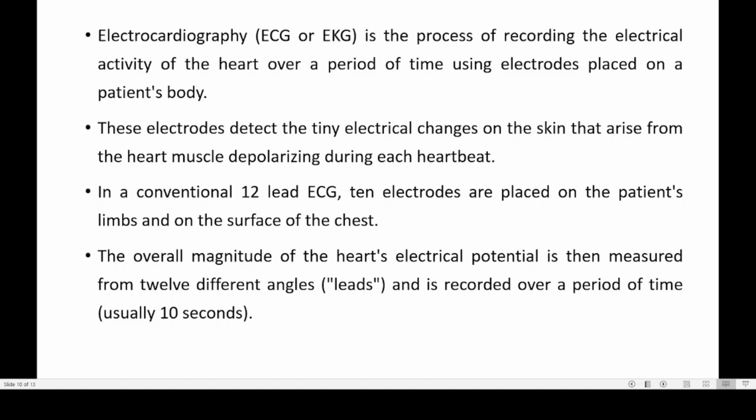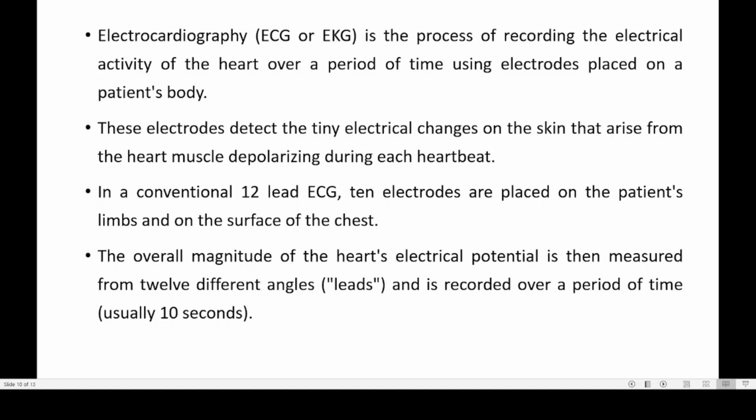We are picking up the electrical activity that is produced by the heart. One important feature of this electrical activity is that, based on the working of the heart, there will be a variation or difference in the electrical signals given by the heart. Based on that, we will be getting a graph, and we will come to that.